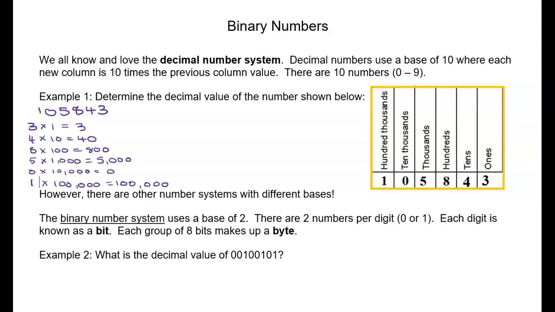If I take all of these numbers and add them up, 3 plus 40 plus 800 plus 5,000 plus 100,000, in the end I'm going to wind up with the number 105,843. And so that's how you would break the number 105,843 into its decimal equivalent.